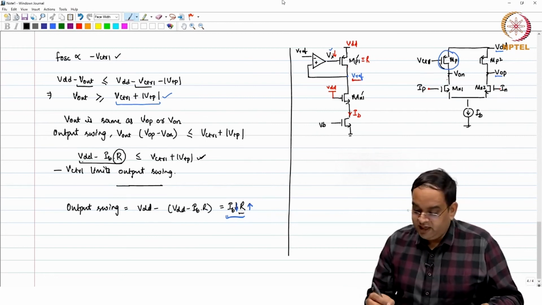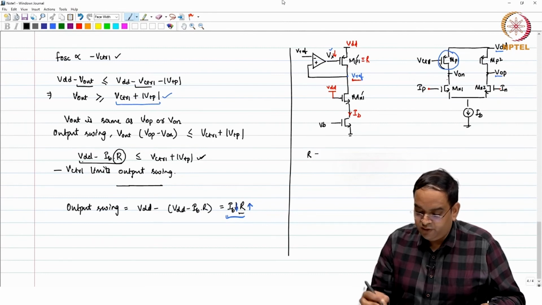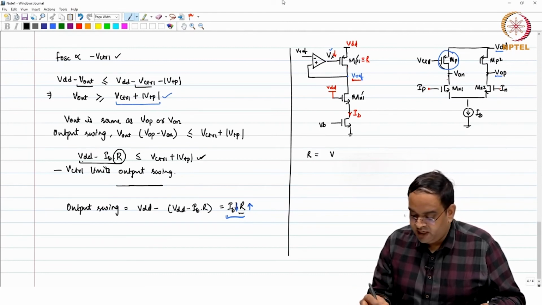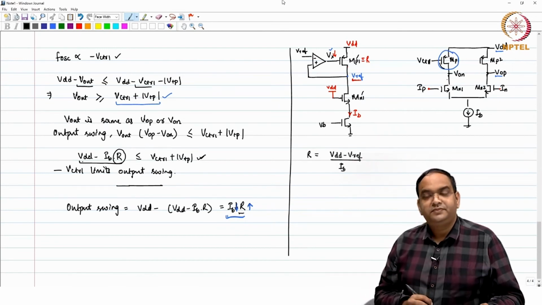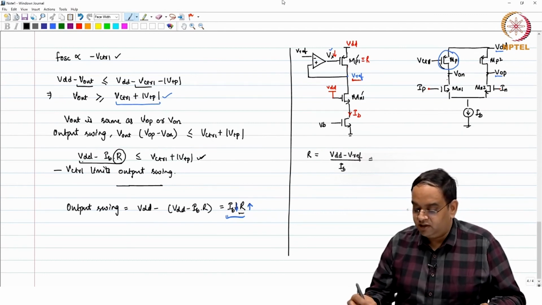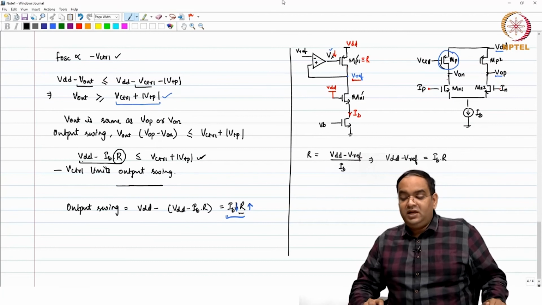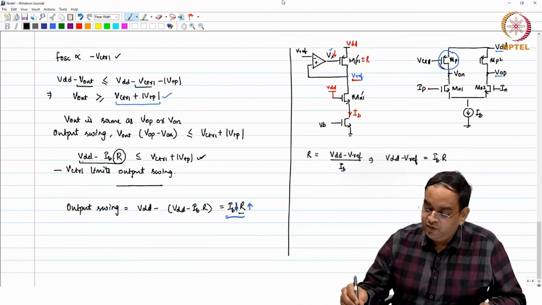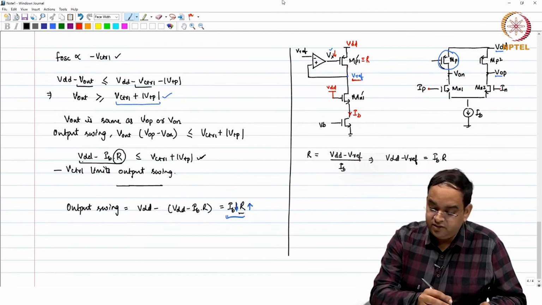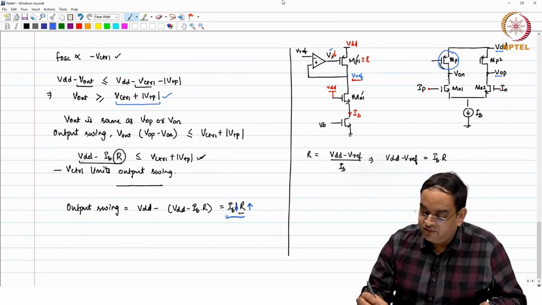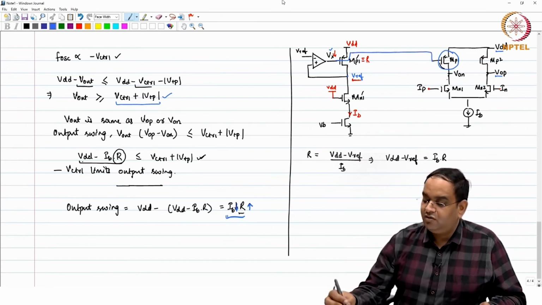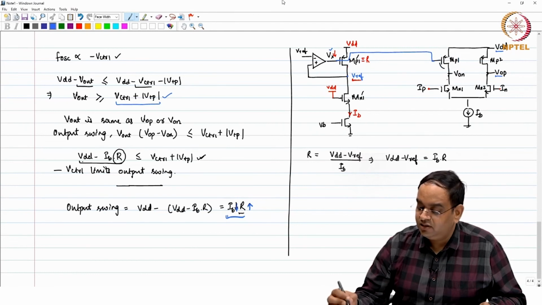So, I can also write that the effective resistance value for this is VDD minus Vref by IB, or the other way, VDD minus Vref is always equal to IB times R. And what we are going to do is pass this Vx voltage, which you are seeing here, as the gate voltage to our load resistors in the actual cell.